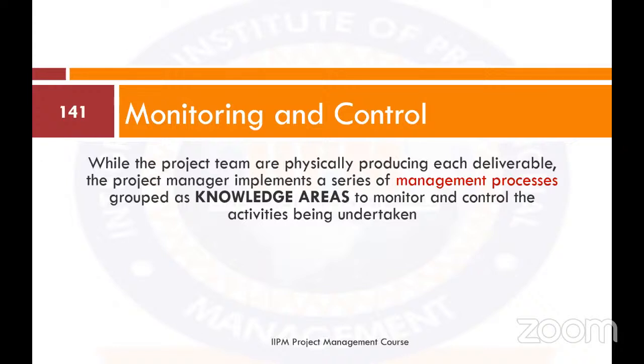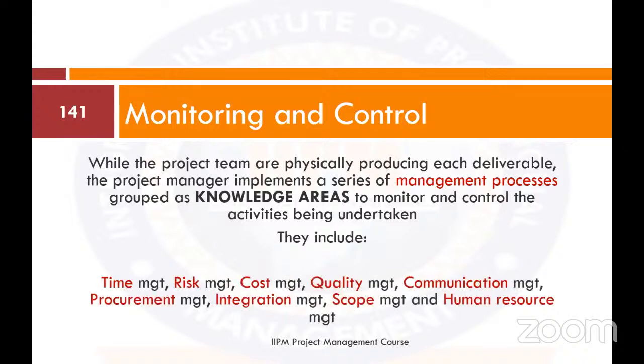So just as a reminder, what do we do in monitoring and control? While the project team are physically producing each deliverable, the project manager implements a series of management processes grouped as knowledge areas to monitor and control the activities being undertaken. They include time management, risk management, cost, quality, communication, procurement, integration, scope, human resource management, and others.